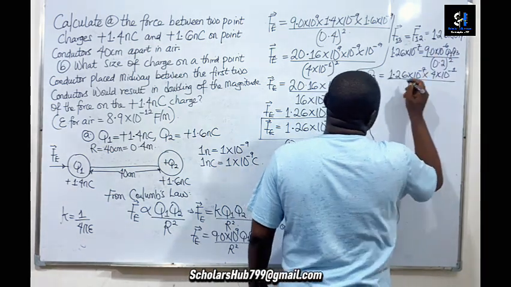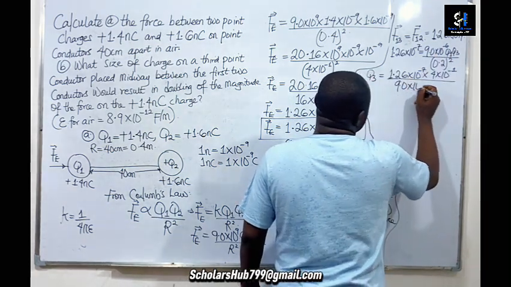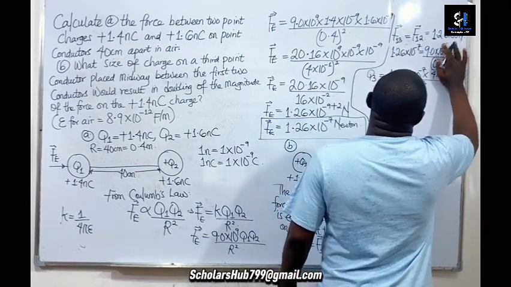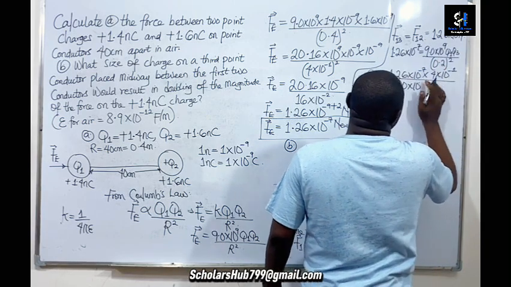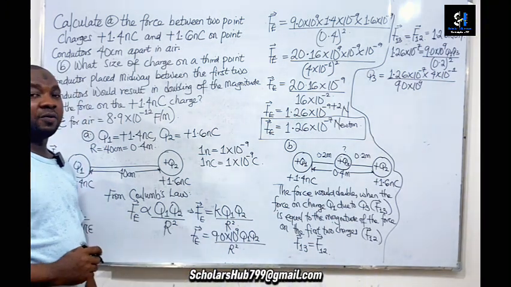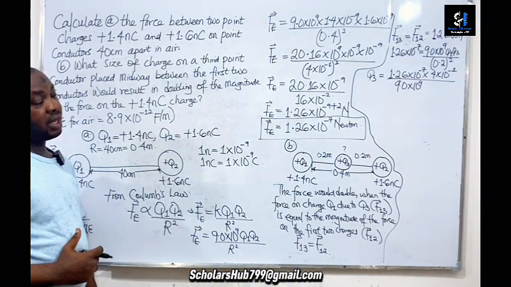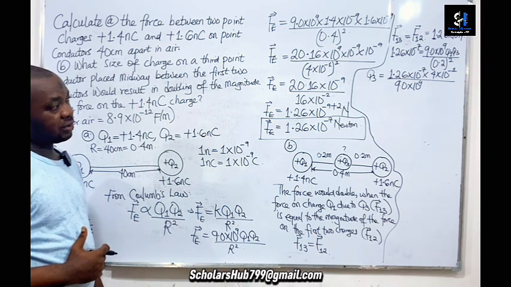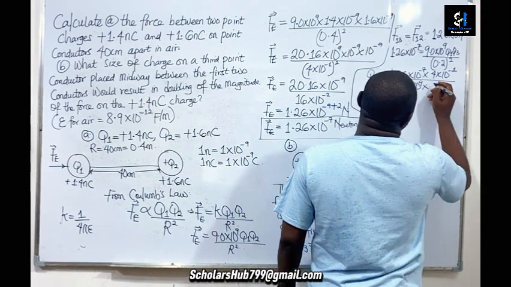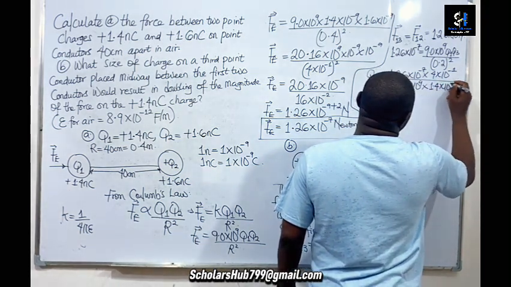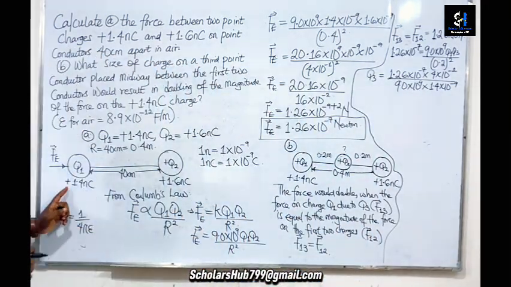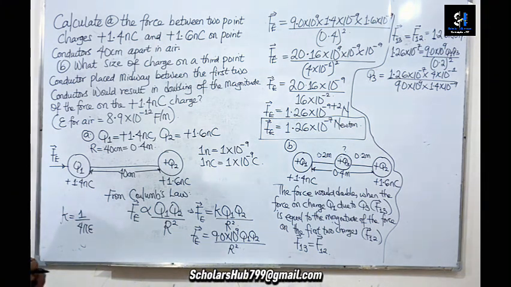Then I'll divide by 9.0 times 10 raised to the power of 9, which is the value of K, the electrostatic constant. Then multiply by Q1, which will be 1.4 times 10 raised to the power of minus 9, because we are given positive 1.4 nanocoulombs.